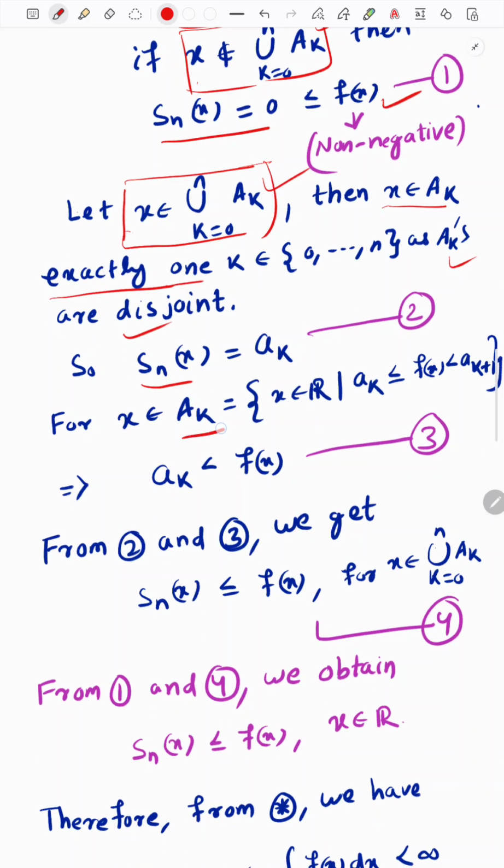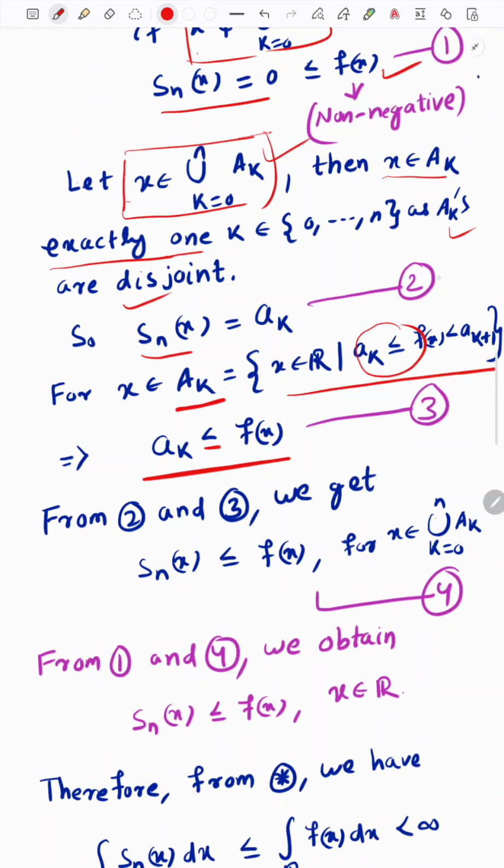From the definition of the set A_k, if x belongs to A_k, then f(x) is dominated by a_{k+1} and it is greater than or equal to a_k. So this implies that f(x) is greater than or equal to a_k.